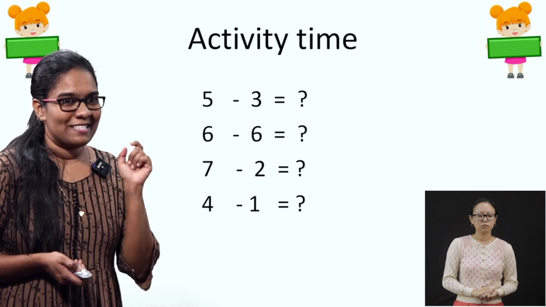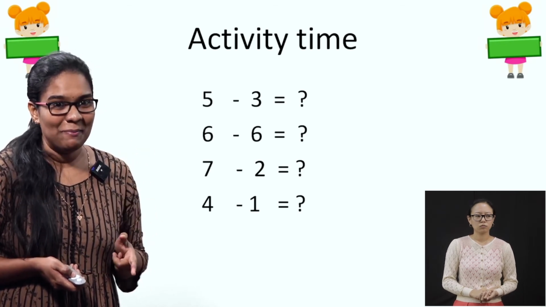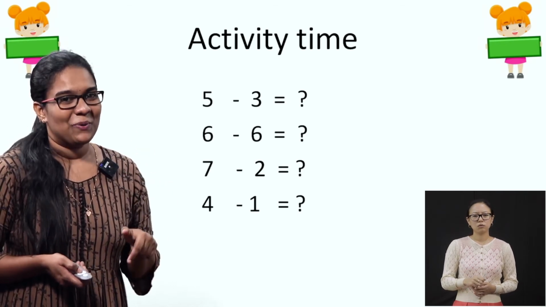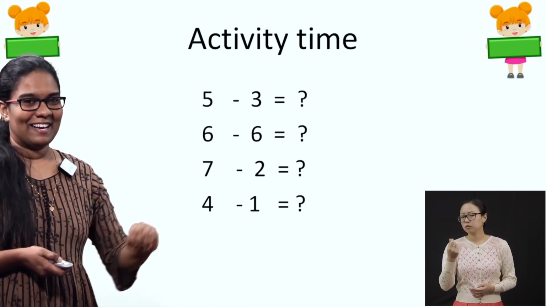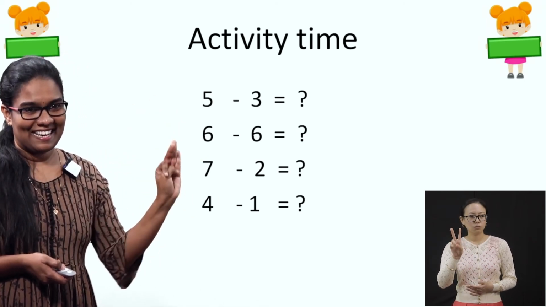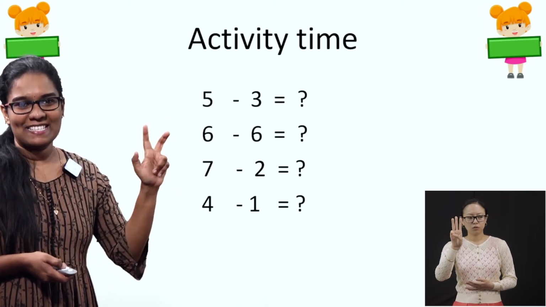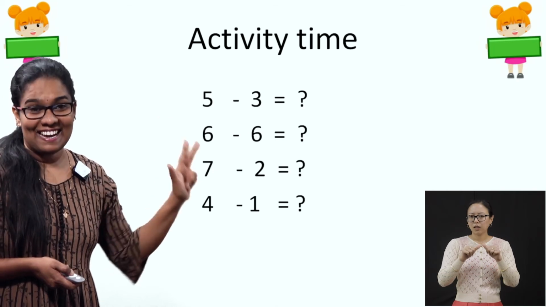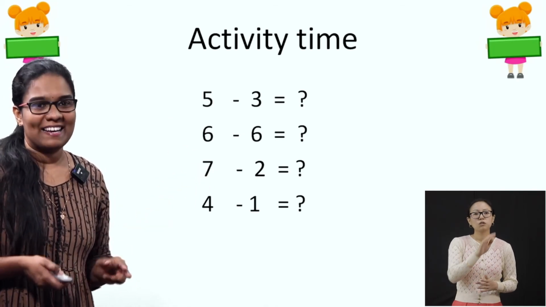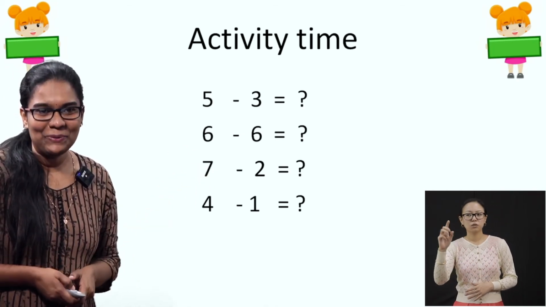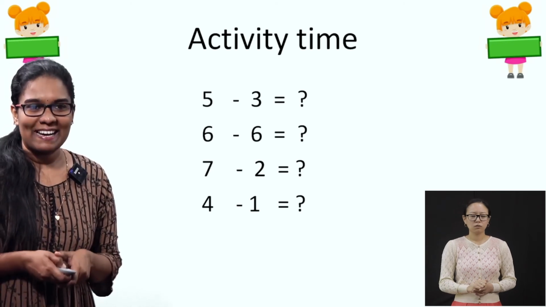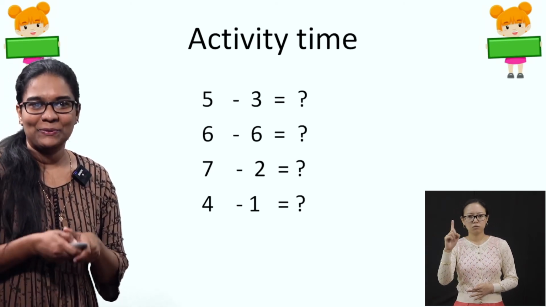Then we are going to start counting from 2. Yes. Start counting 2, 3, 4. Then what is the answer? Yes, 3. That is 4 minus 1 is equal to 3.